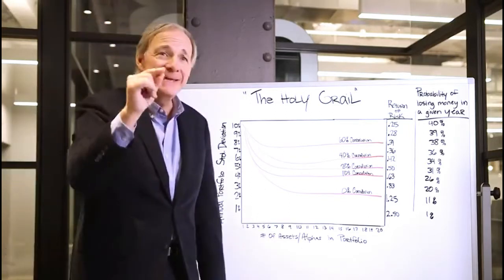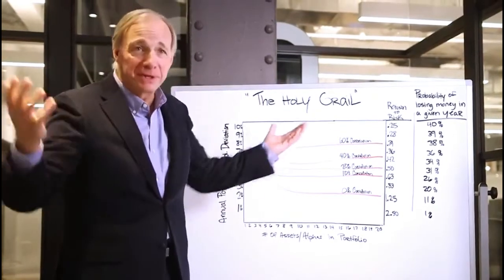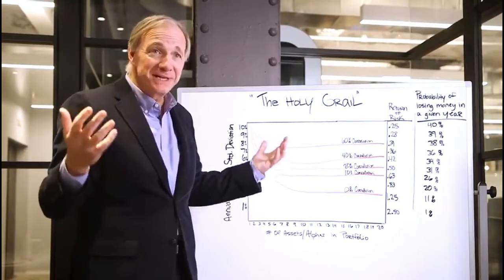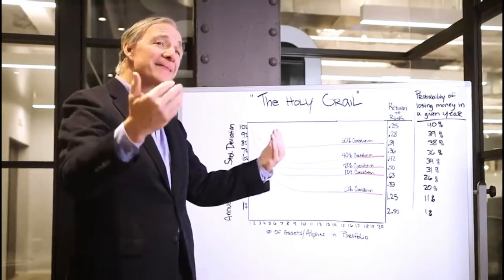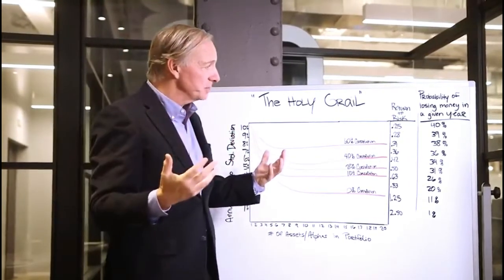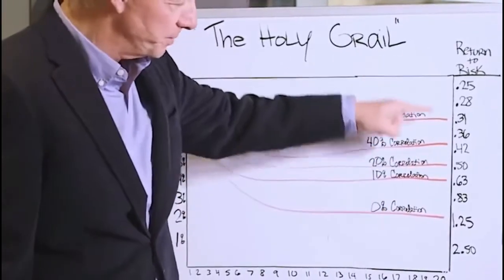Nobody is humanly capable, in an efficient market, of picking investments that are 5 times as good individually, but this path gets you there. So it tells me about the power of diversification and balancing risk. This is the return to risk ratio for each one of those.